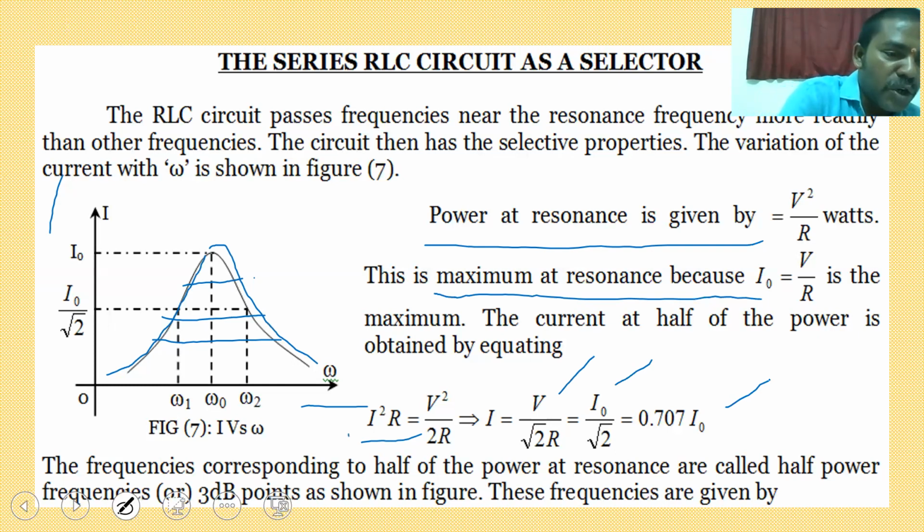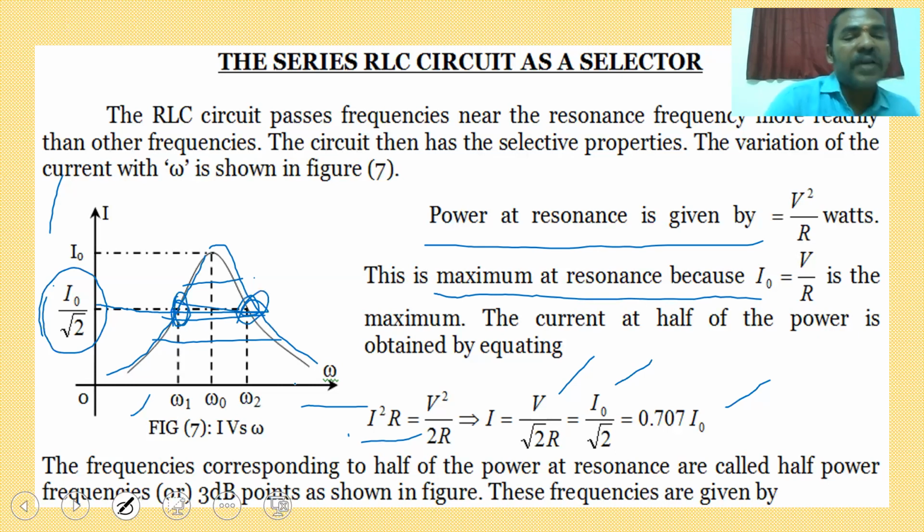So at 0.707 I naught we are getting 2 points. One point is omega 1, one point is omega 2. These 2 points you can call half power frequencies. W1 is the lower half power frequency, W2 is the upper half power frequency.